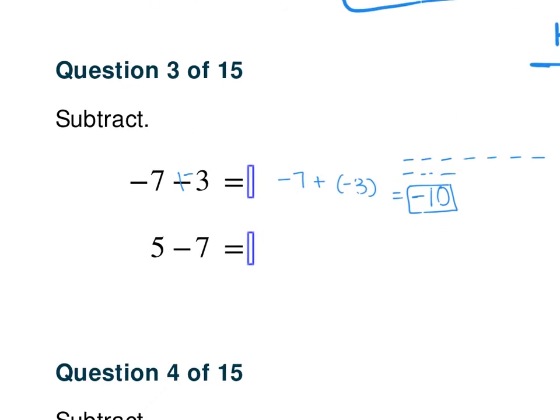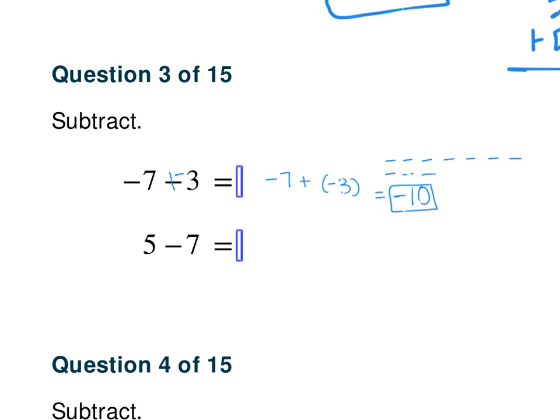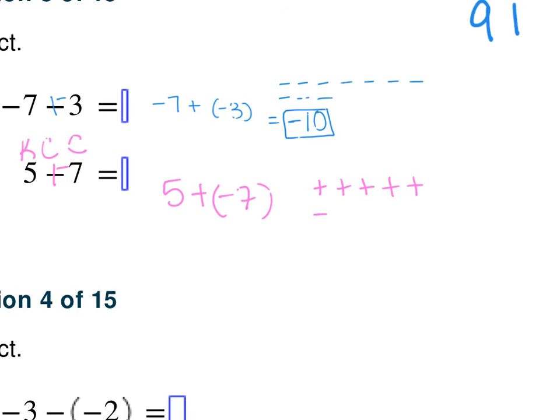I'm going to do the same thing for question 3. 5 plus -7. I keep, change plus, and make that one negative. 5 plus signs, 7 negative signs.